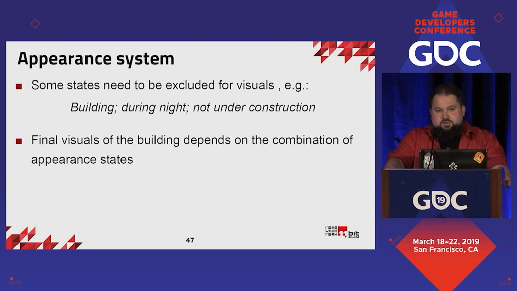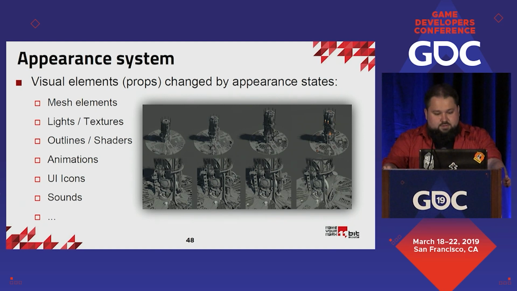And for the visuals, some of these states should be able to be excluded. So, for example, building during night and not under construction. And the final visuals of the building depends on the combinations of these appearance states. The appearance state can affect many, many different things.